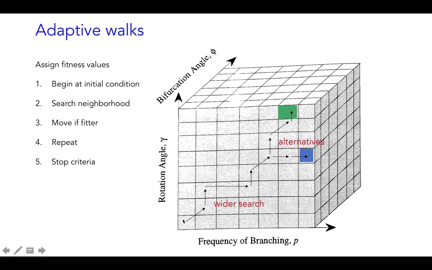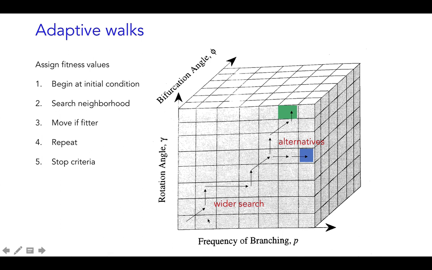Here he starts at an initial condition defined by the frequency of branching, the rotation angle, and also the bifurcation angle. Basically, this is what characterizes the first Cooksonia species that we see within the fossil record. Now, how this computer algorithm works is that you start at the initial condition with your traits of branching, your rotation angles, and your bifurcation angles.